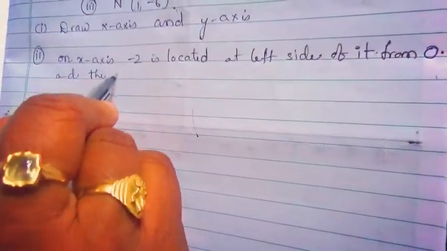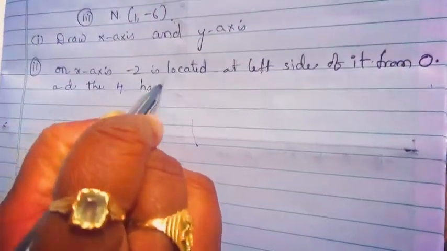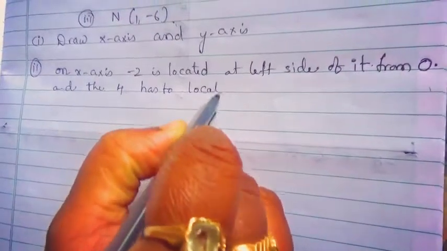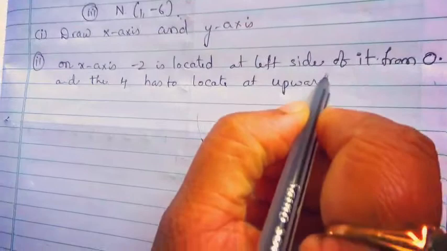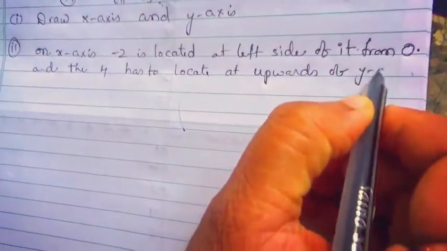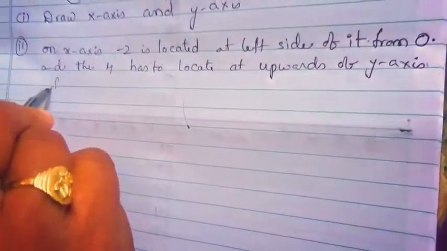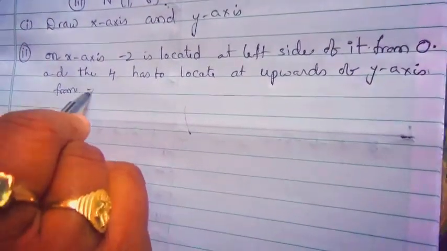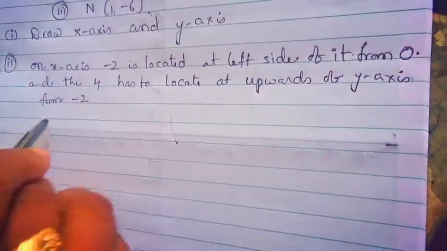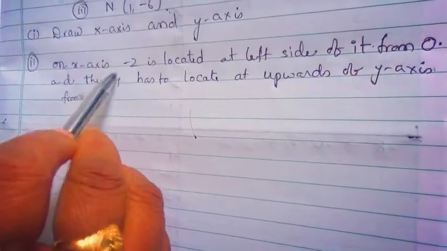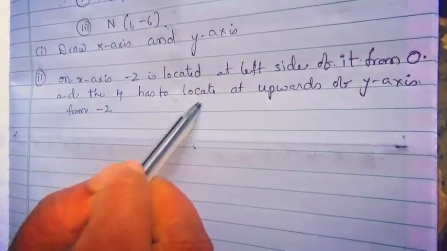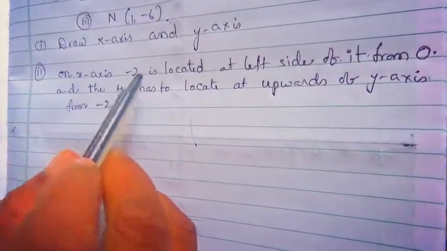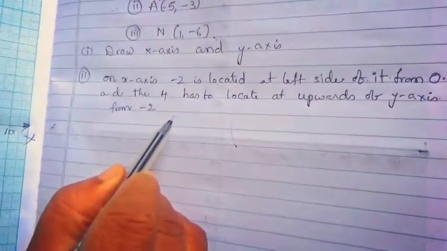And the 4 has to be located upwards on the y-axis from minus 2. Here on the x-axis it is 2 units from 0, and here it is 4 units from the x-axis and 2 units from the y-axis. So we locate this point just like this.